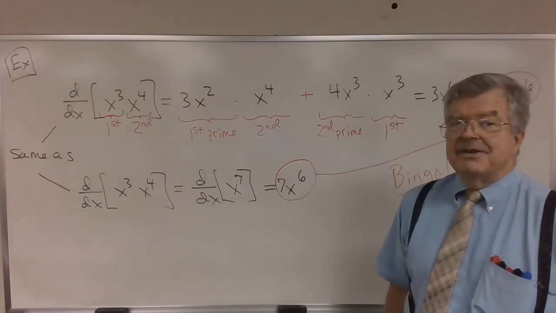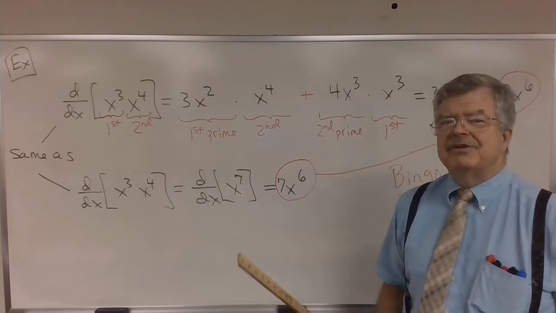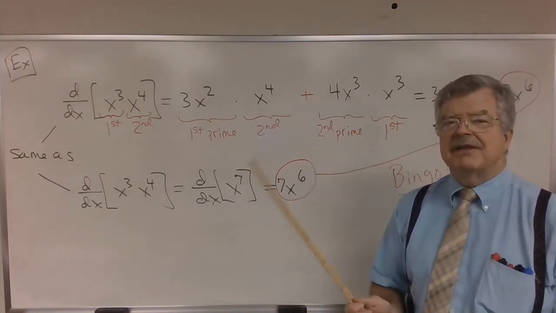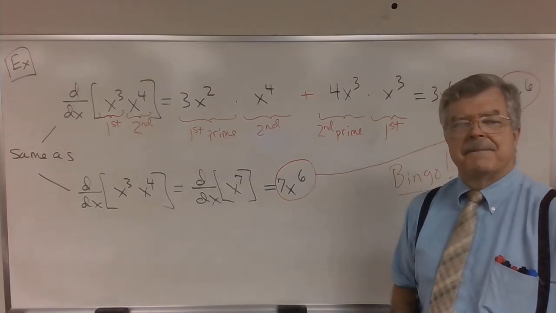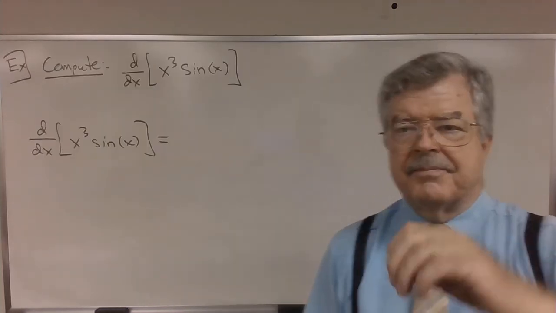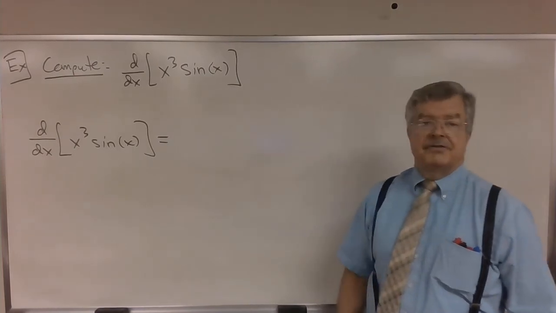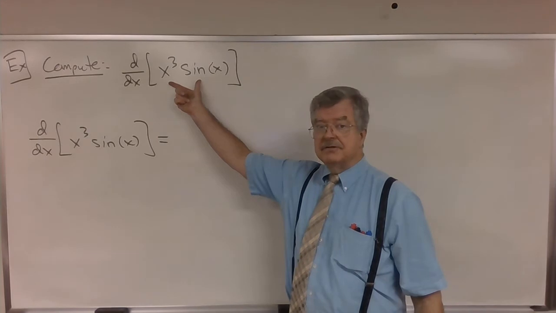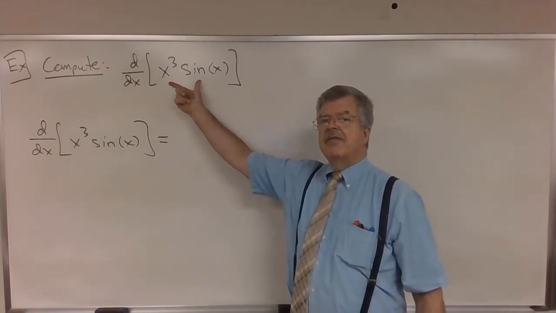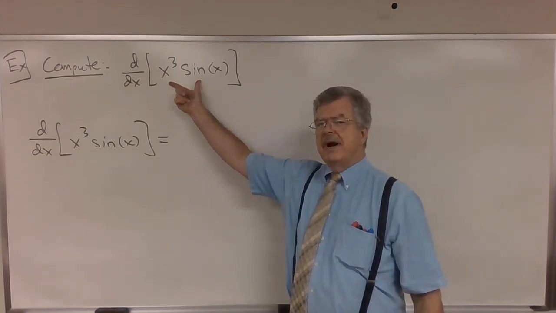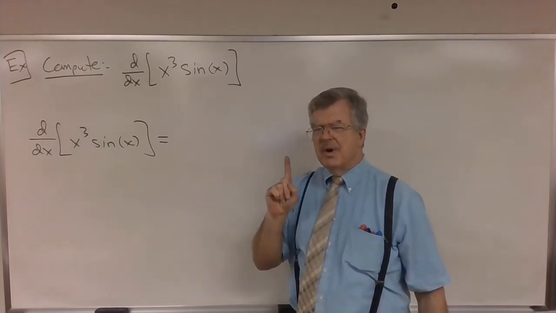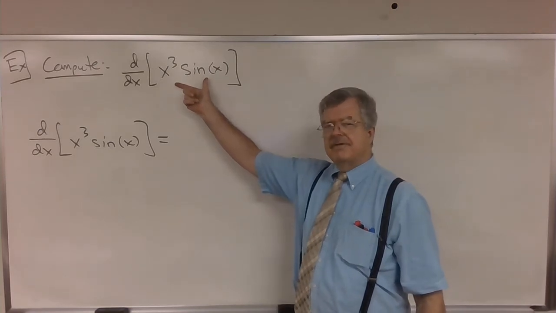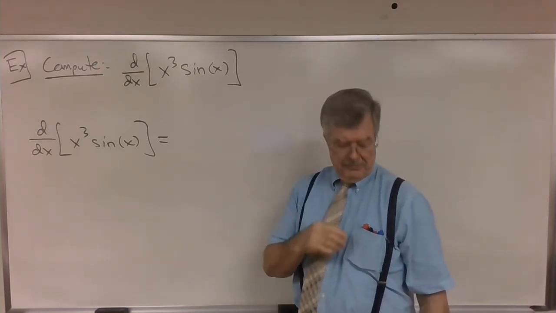And the answer is we can't always combine the factors into one factor, as our next example will show. Here's a case in point. We have a product of two functions, and there's no way that we can combine these two factors into one factor. The only way to compute the derivative of this thing is to use the product rule.